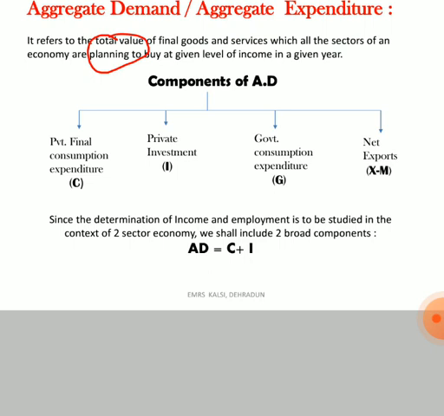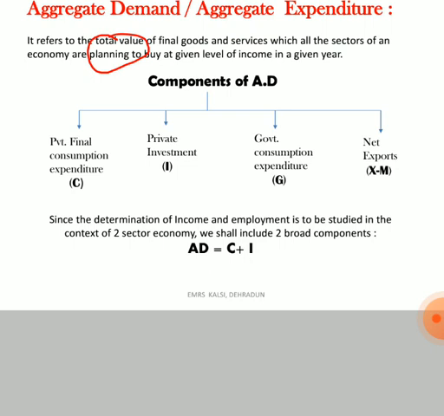All the sectors, tertiary sector, service sector, and primary sector, all three sectors are planning to buy. Or we can say the value of final goods and services which all the citizens of a country are planning to buy at a given level of income in a given year.